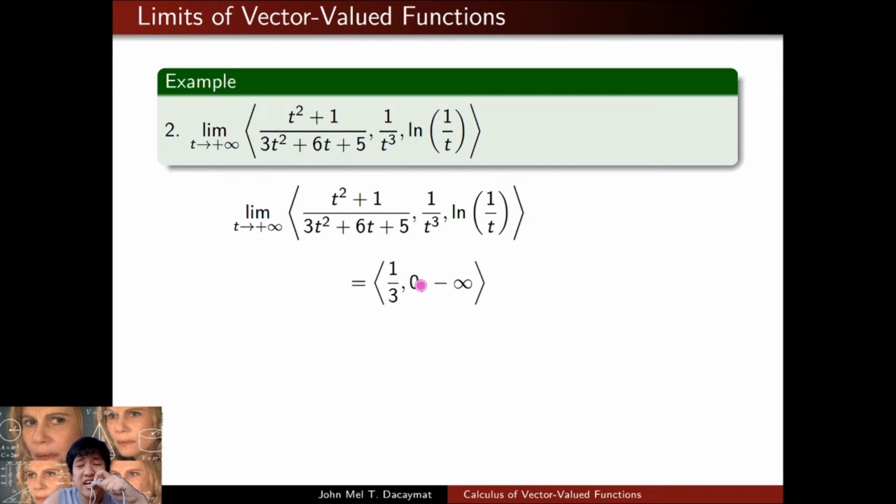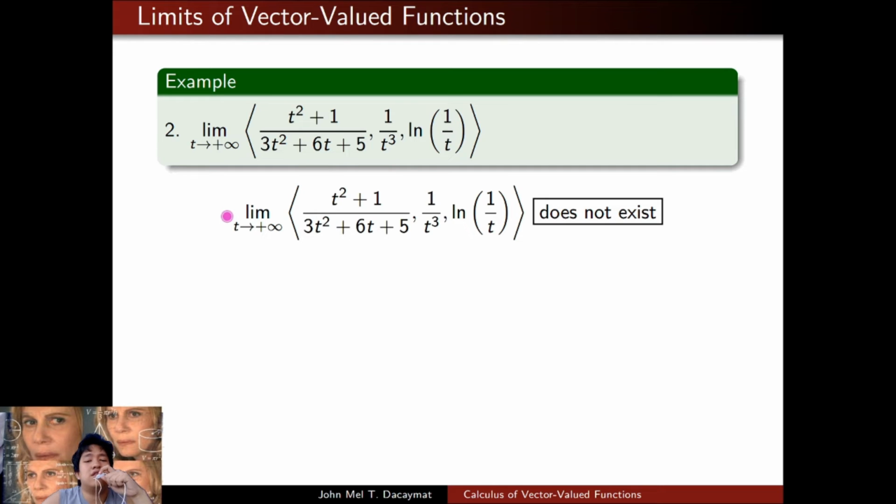Remember, when the limit of a function is infinity, that means the limit does not exist. So the limit of the third component does not exist. Therefore, the limit of your entire vector valued function does not exist, because one limit, the limit of the third component, does not exist.